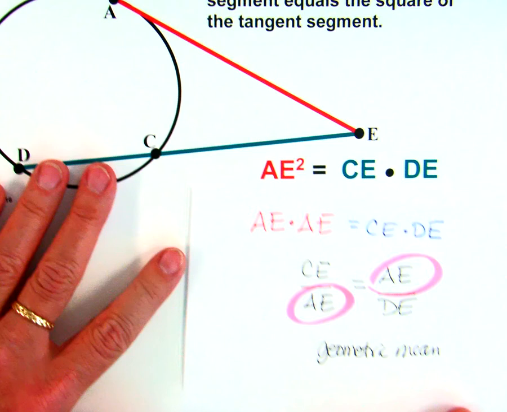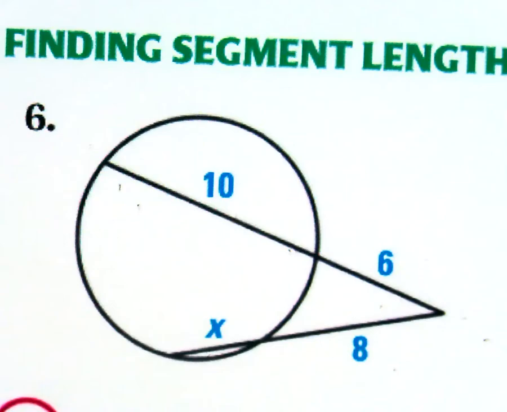Okay, a few problems about this. Let's look here at some of them. If you would, do problem number 6 and problem number 8. Here's 6, so you can see it. And here's the answer to problem number 6.